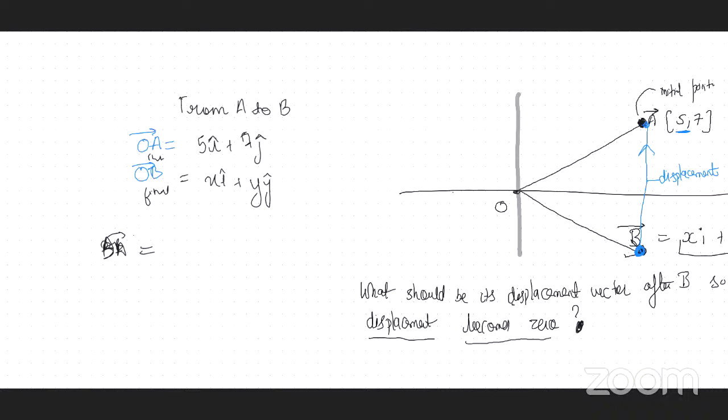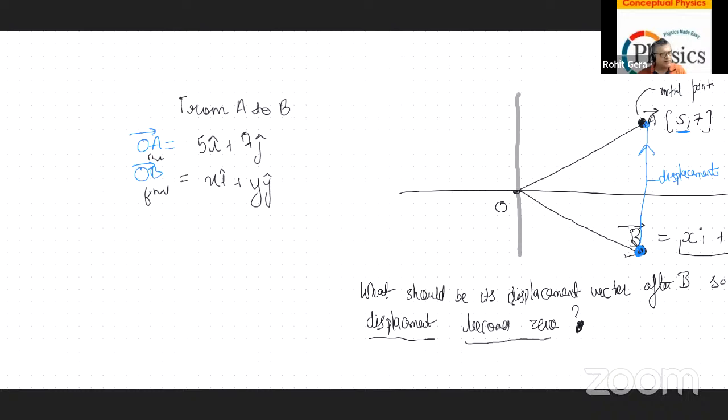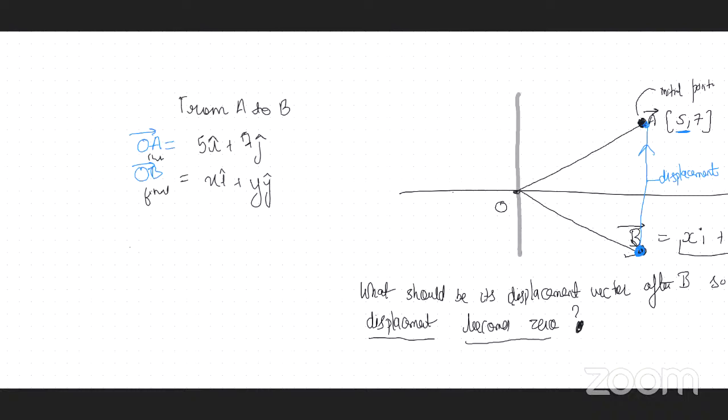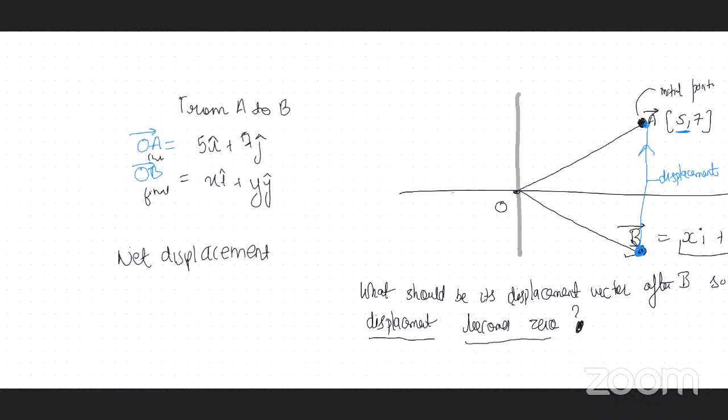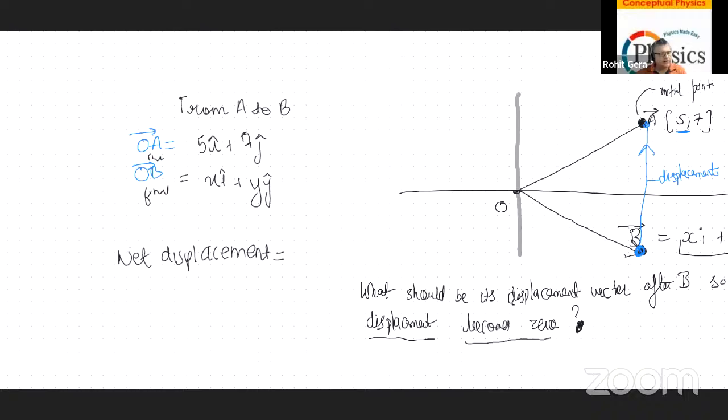This should be B. Please rewrite it neatly. Net displacement, not final displacement. It's your net movement, so net displacement is BA. Okay, let's call it BA.